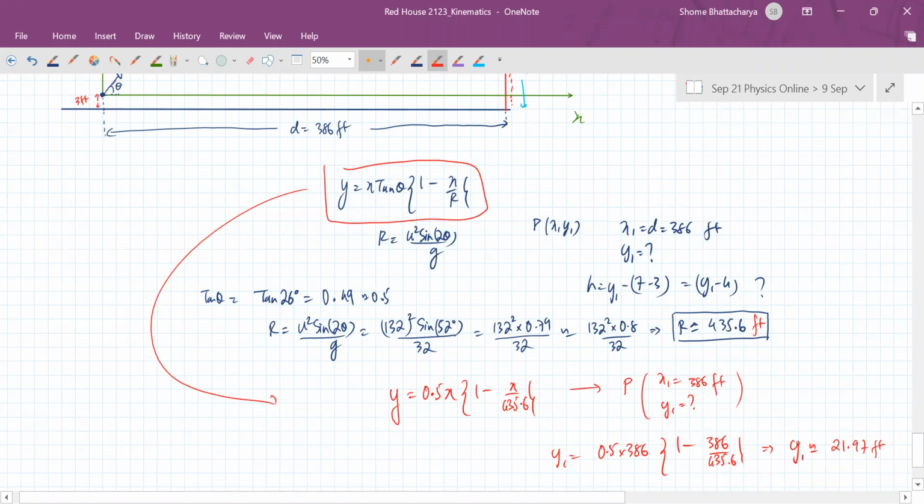Just give me a moment. So just complete the calculation from this. I'm just checking the values once more.